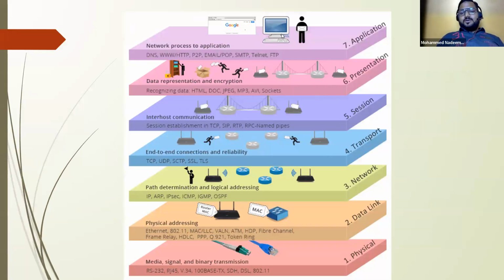When you access Google on your machine, all these 7 layers will work. How? First, on the physical layer, let's say your PC is not connected to the LAN. Will it browse the internet? No, it will not. That's why the physical layer is important.